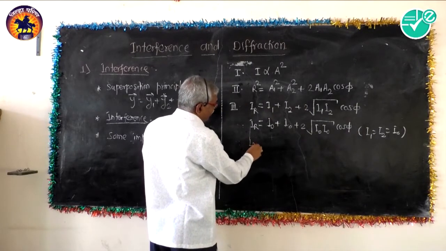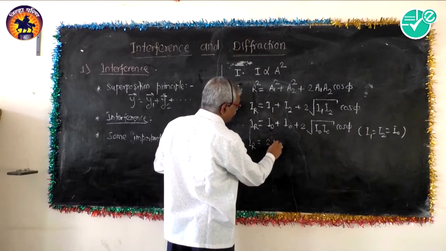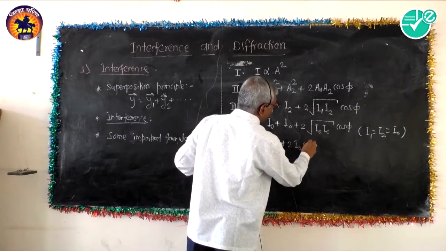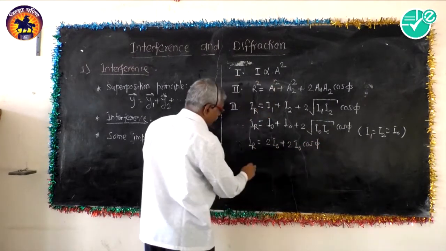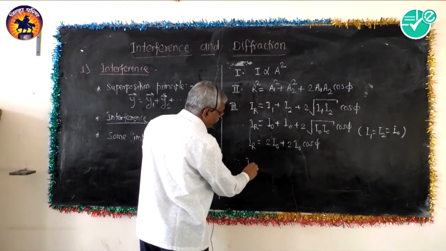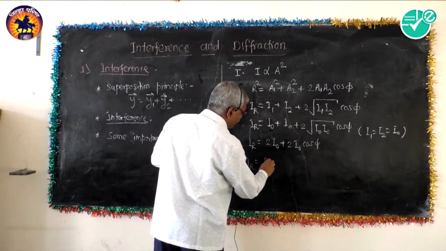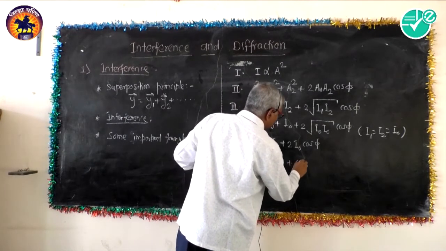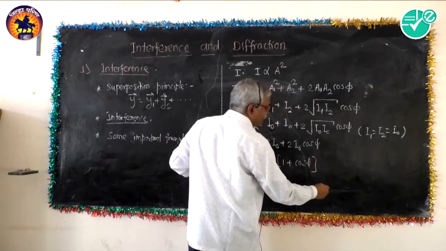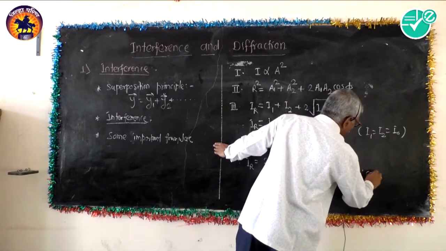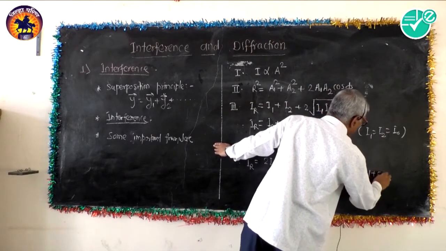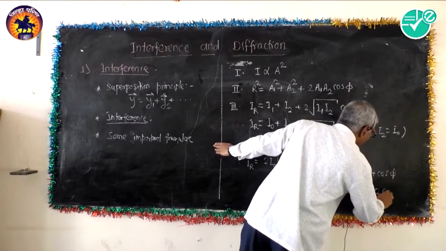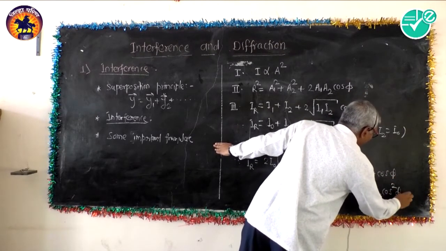Therefore, IR is equal to twice I0 plus twice I0 into cos phi. Therefore, IR is equal to twice I0 into bracket 1 plus cos phi, as 1 plus cos phi is equal to 2 cos square of phi by 2.